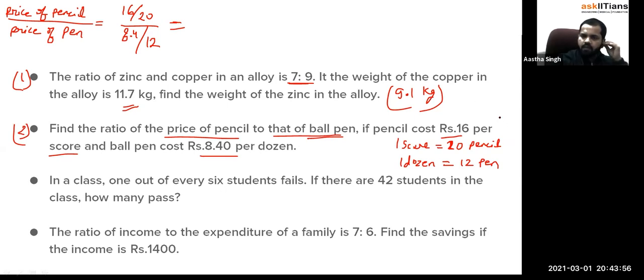Now we have made the unit the same, right? Your pencil cost was 16 per score. It means the cost is rupees 16 per 20 pencils. So we have calculated your rupees per pencil.